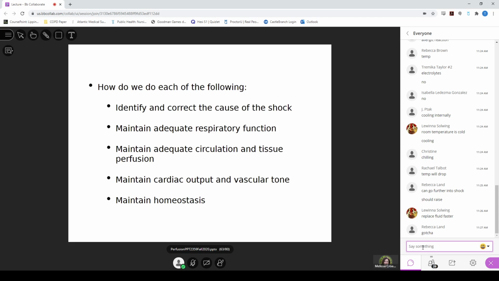So maintain adequate respiratory function. How are you going to do that? We talked about giving oxygen. What else can you do? If you're giving oxygen, you have to monitor, right? So you've got to have O2 sats that are within normal limits. How do you know if a patient is ventilating or breathing properly on their own? What tells you that?